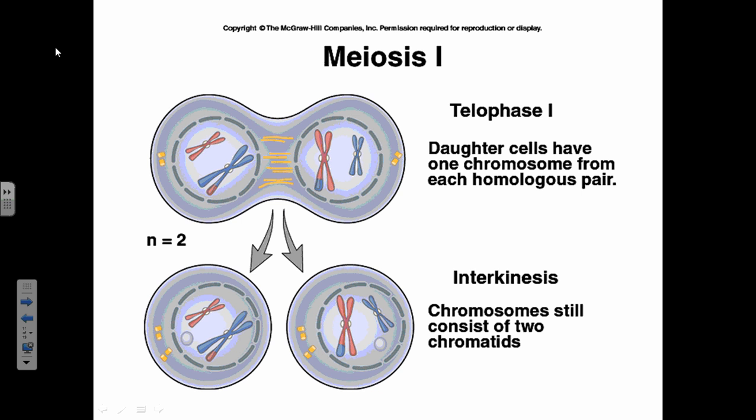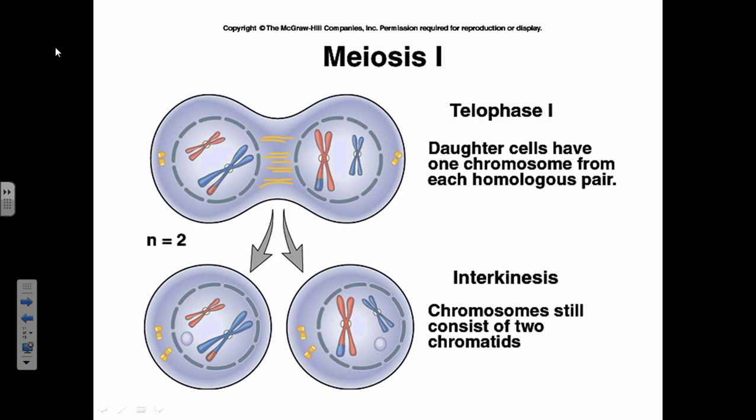And telophase is always the same, pretty much, regardless of the kind of cell division. It's kind of the opposite of what stage? Opposite of prophase. So what happens to the DNA? It unwinds. What happens to the nuclear envelope, the nuclear membrane? It shows back up. It reforms. What happens to the spindles? They go away.